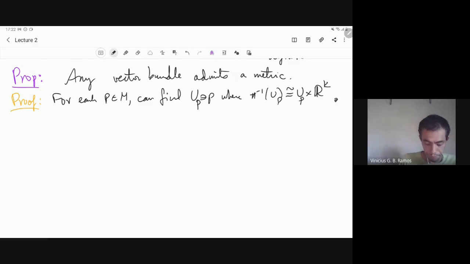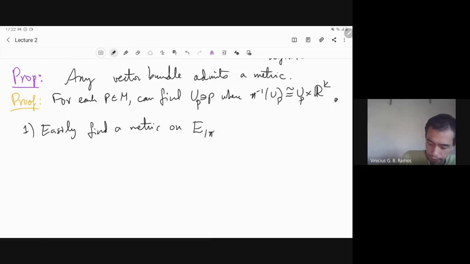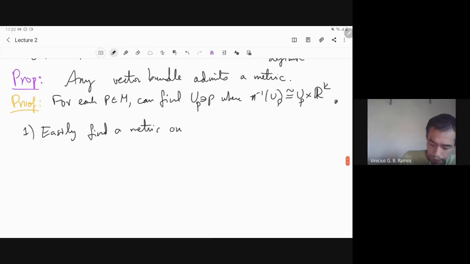Well, the first thing to notice is that we can easily find a metric on just pi inverse of U. And that's just the standard inner product on R^k.